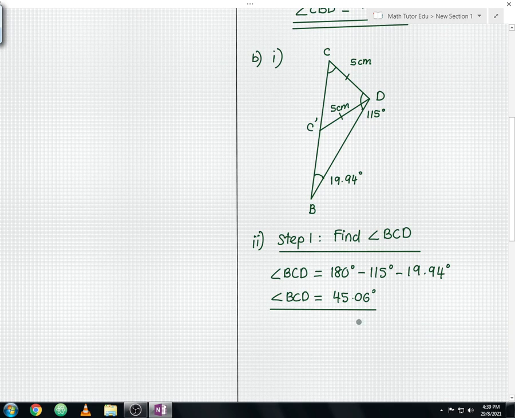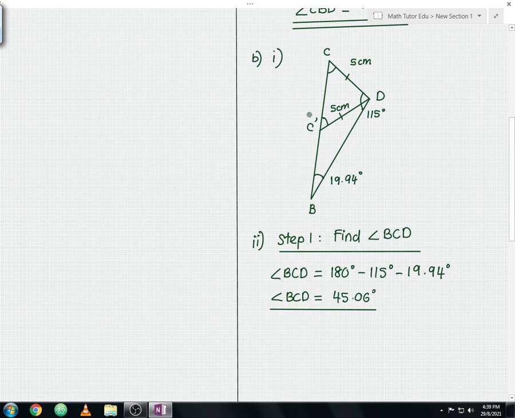Once we're done with this, for the next step, we're going to calculate all the remaining angles in this diagram. Take a look at this isosceles triangle. Since we have already found out that the angle BCD is equal to 45.06 degree and it is an isosceles triangle, this angle should be the same as this particular angle as well.